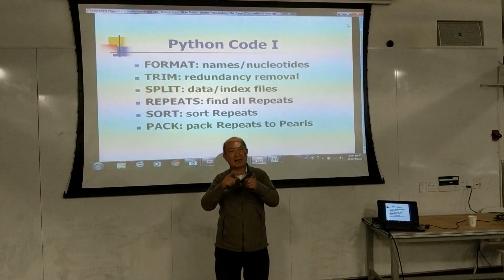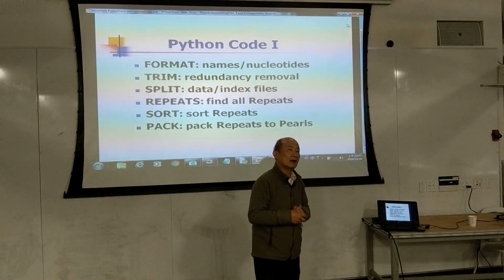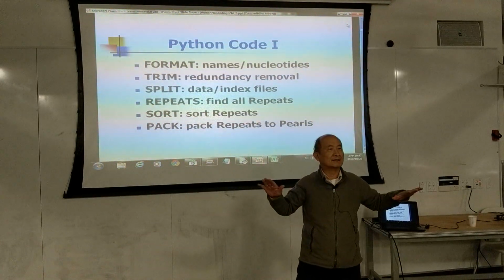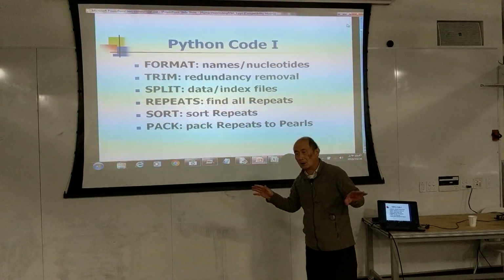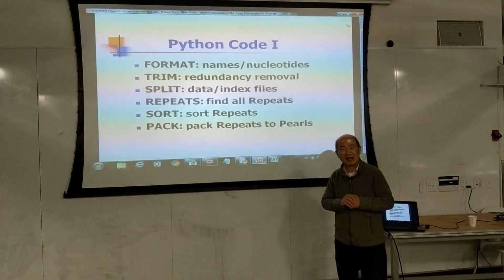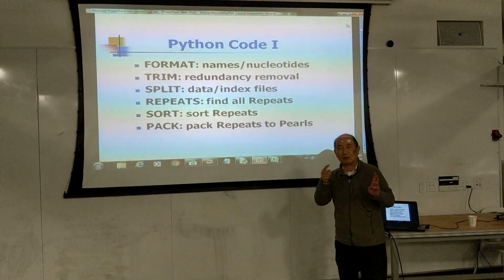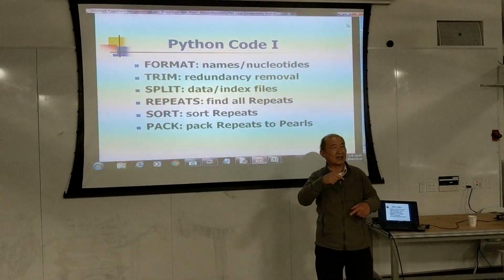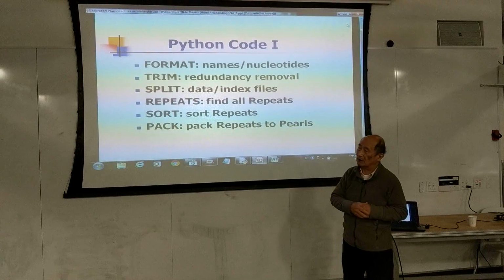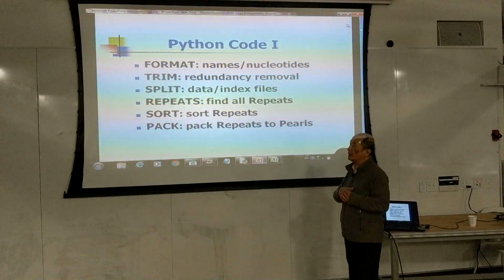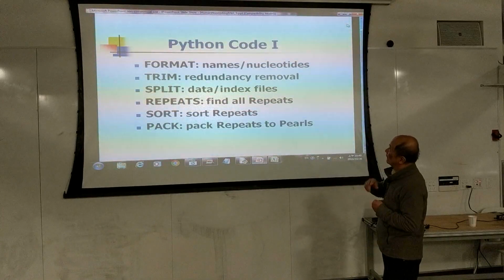So the data file is a flat data file. It's just ACGT with no carriage return or line feed, just a big flat file. But if you want to find an individual RNA, you have this index file, which has the pointer pointing to the RNA data stored in the data file. So it is very important to split the data into a data file and an index file.